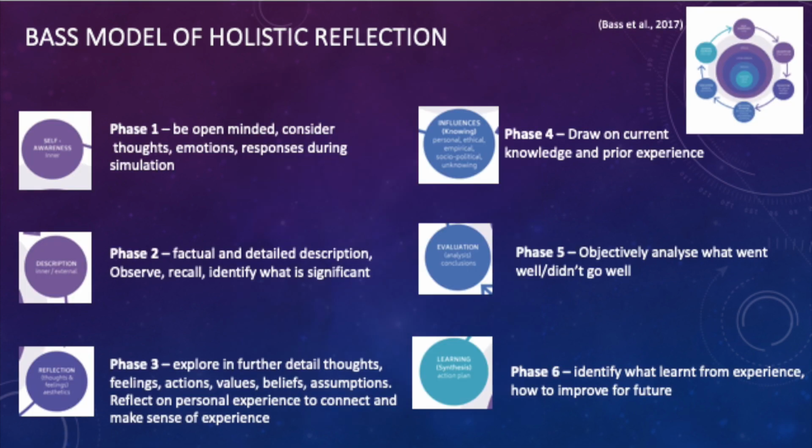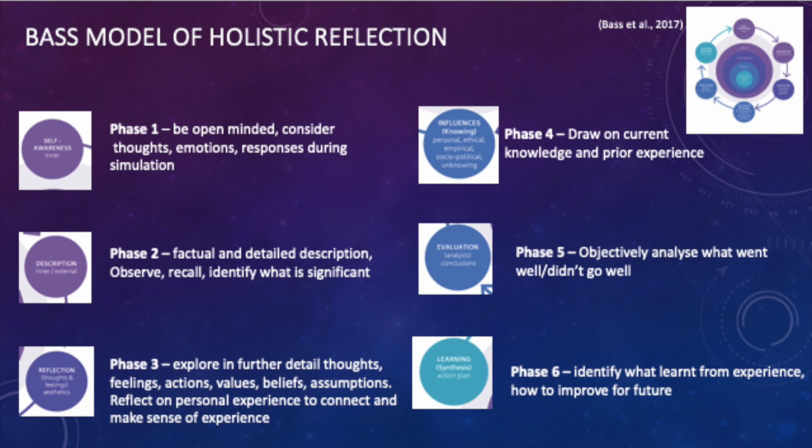There are 6 phases within the model. In Phase 1, individuals tap into their self-awareness. Phase 2 focuses on descriptive recounting, equipping learners to observe and determine essential factors for later reflection. During Phase 3, individuals delve deeply into their own and others' emotions, thoughts, and actions.